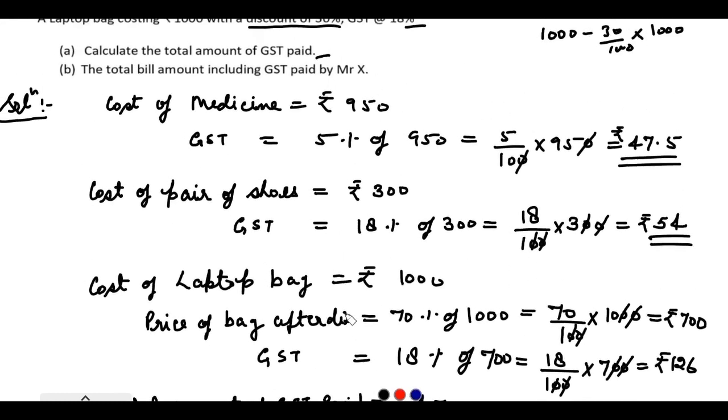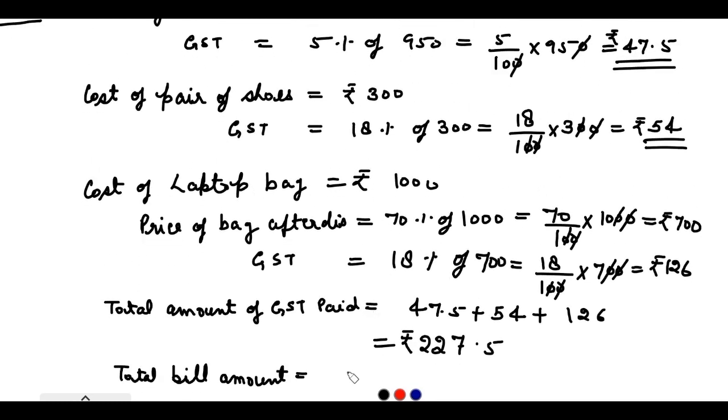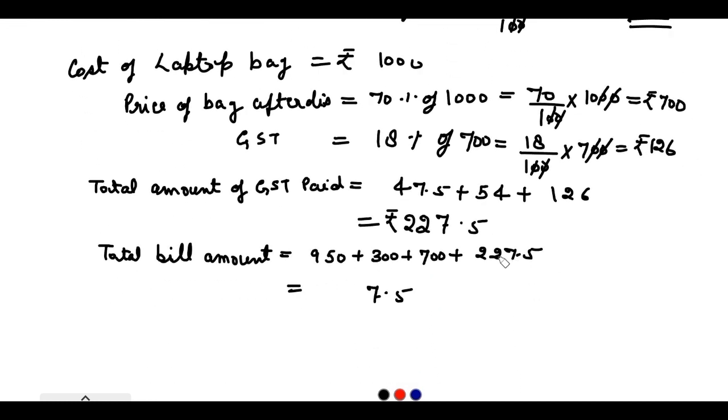Now the total bill amount including GST paid by Mr. X: 950 plus 300 plus 700 plus total GST, that is 227.5, which is 2177 rupees 50 paisa.